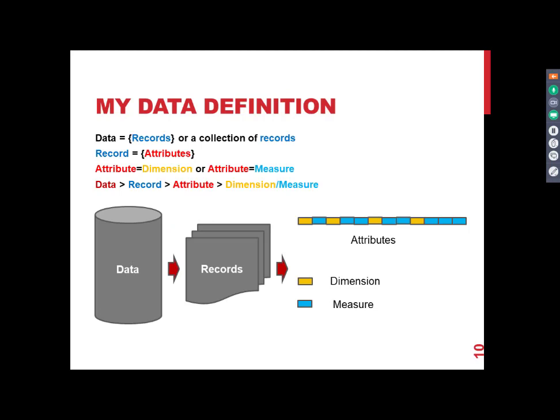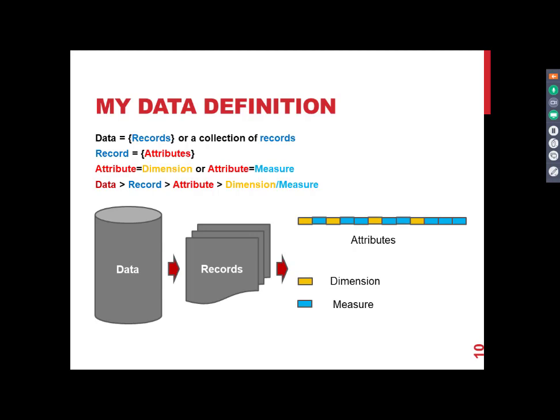Next, here is my kind of data definition. Some people may have already come up with the same definition, but that's okay. I may be just repeating theirs. However, the idea here is data is a collection of records. Each record has multiple attributes.